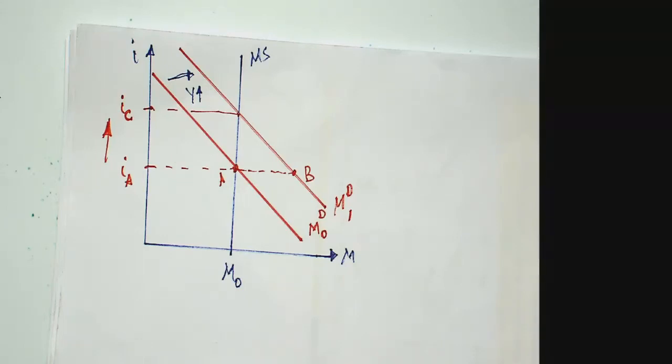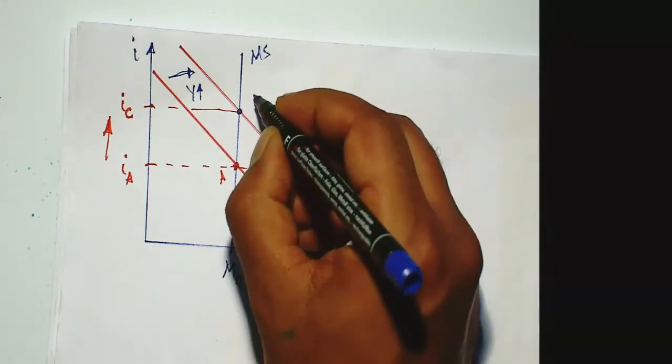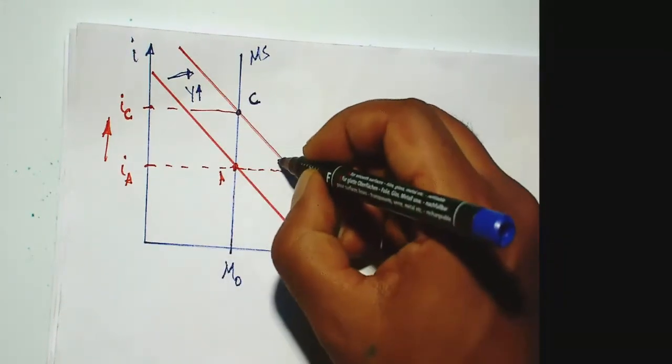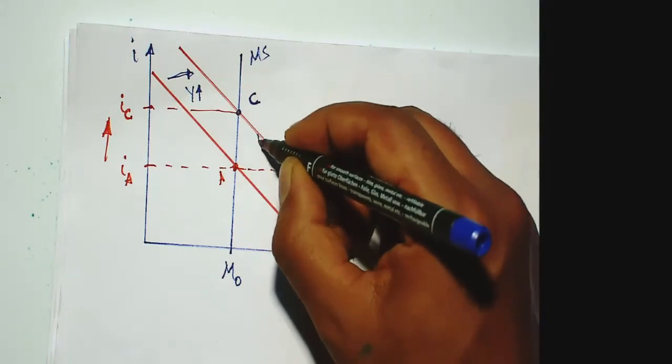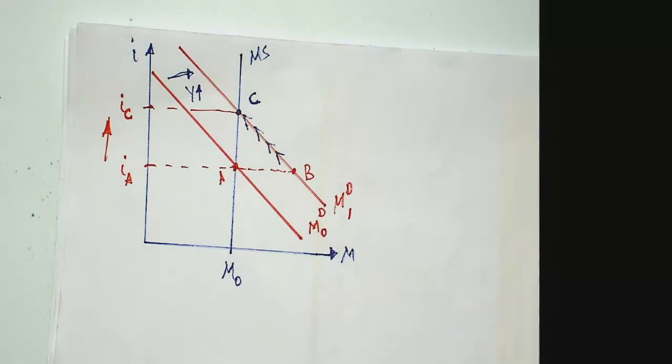If there is a fall in the bond price, there is an inverse relationship between bond price and interest rate, so the interest rate would automatically rise, and we would have a point C equilibrium here. In order to reach this point C equilibrium, we will have to have a decrease in money demand, but a decrease in money demand is actually also caused by a rise in the interest rate, because nobody wants to borrow money if there is a high interest rate in the market.